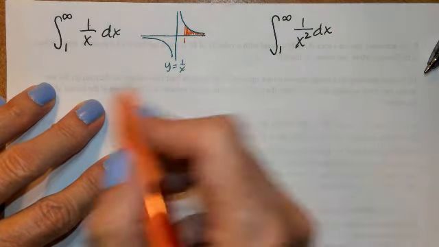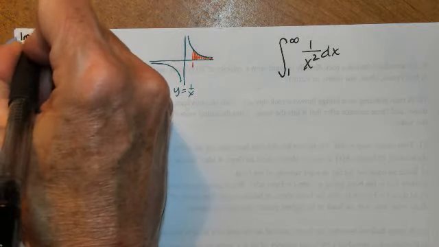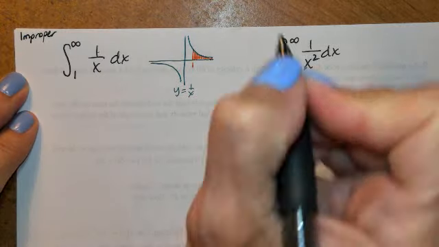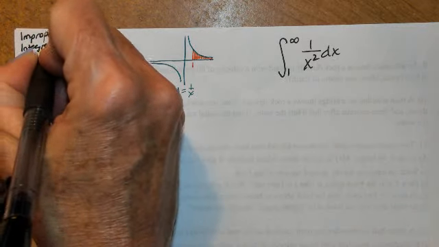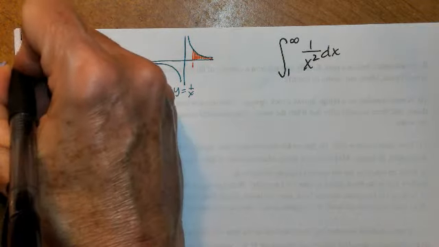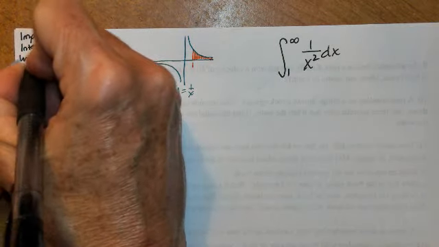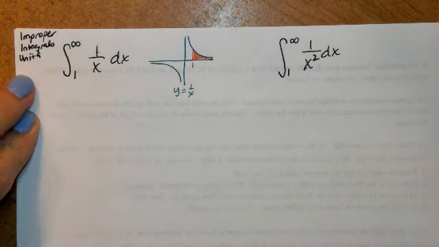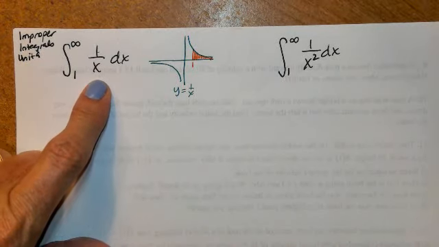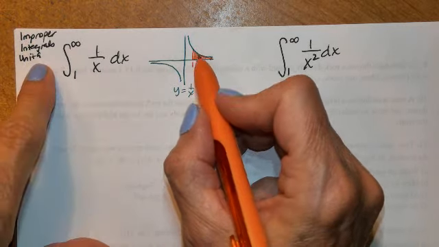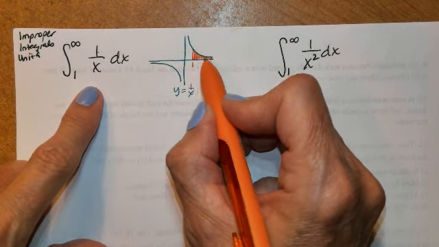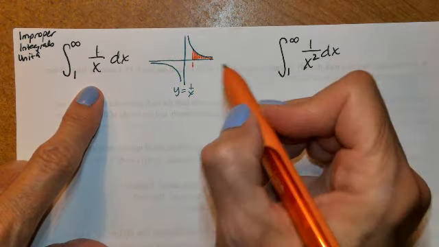When we did improper integrals, this is improper because one of the boundaries is infinity. That was back in Unit 9, by the way, if you want to refresh further. Back when we did improper integrals, we said sometimes this area is infinity.